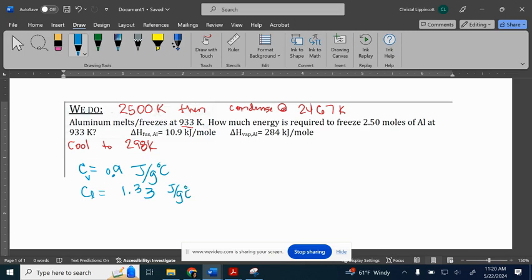And the last one I need, the specific heat of aluminum solid, which they did not give us in the problem. Huh. That's interesting. It's the same as that one.